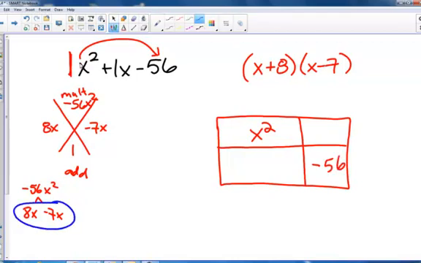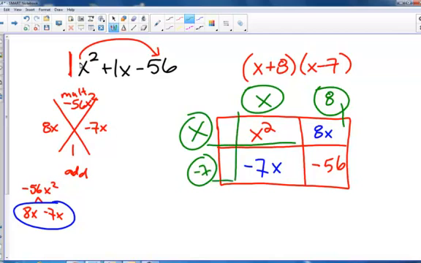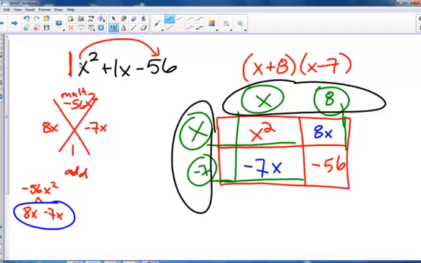Now, you have your 8x and your negative 7x. So again, you need to figure out what goes. Those are both x's, because x times x is x squared. And this is 8x. This would have to be negative 7, because negative 7 times x is a negative 7x. And then does negative 7 times 8 give negative 56? Yes. And that is how you get your factored form with the box.